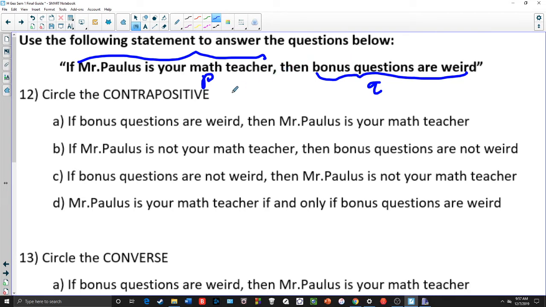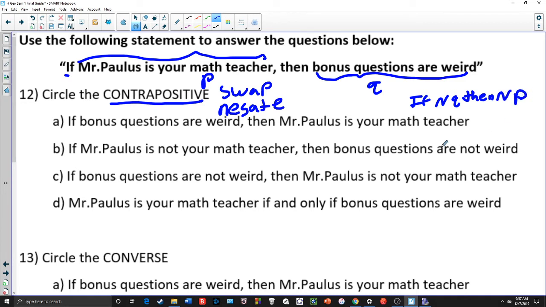The contrapositive means that you're going to swap P and Q and then negate them, which means you're going to put a not in front of them. So swap and negate is contrapositive. That means I'm going to have if not Q, then not P. So if the bonus questions are not weird, that's how I'm going to start this.